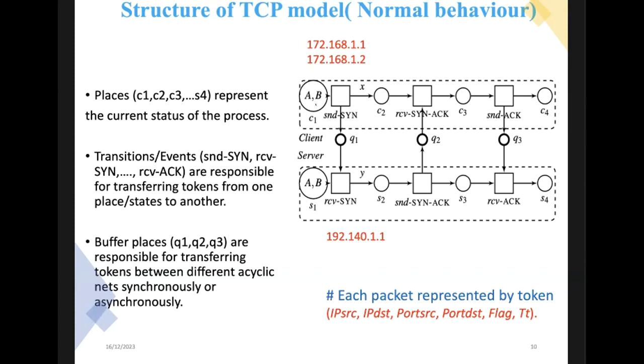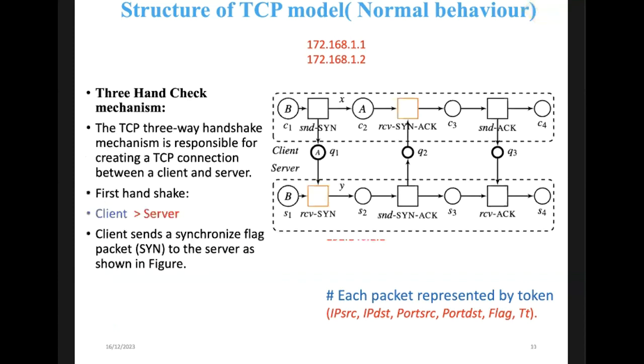Each packet or client in this way is represented by a token with features that include values: IP source, IP destination, port source, port destination, TCP flag, and time value. We will show you how to add this to our model.